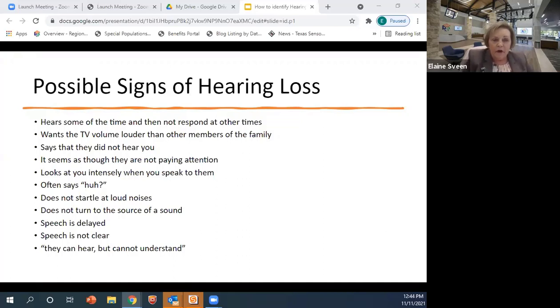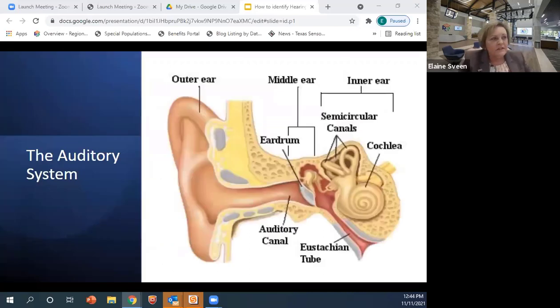Next, we're going to talk about the auditory system. This slide shows the parts of the ear, and anywhere along this system, there can be issues with hearing that cause a hearing loss. The outer ear is part of the system.